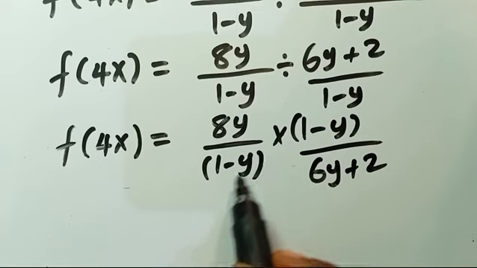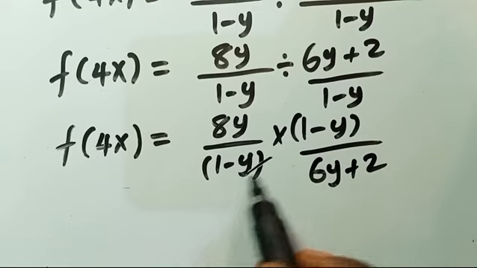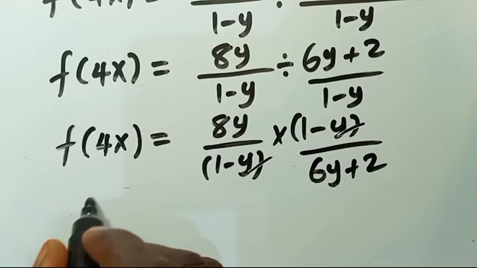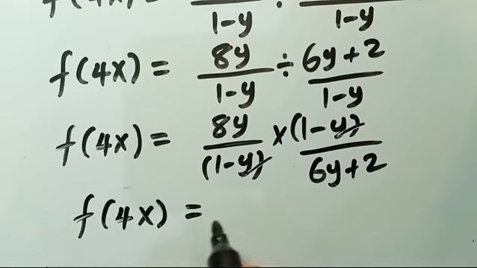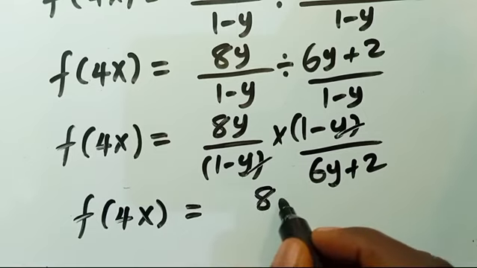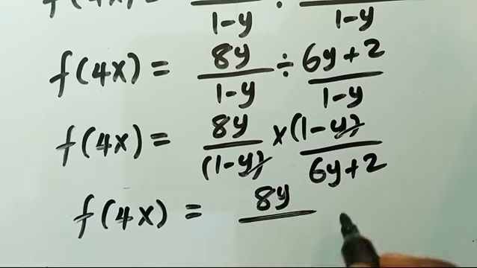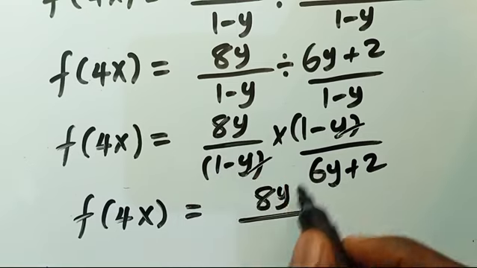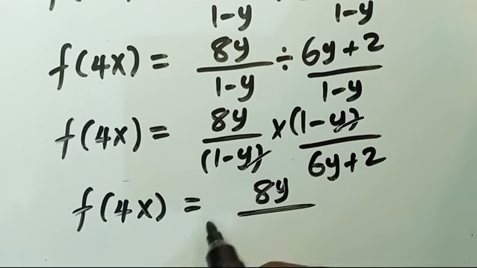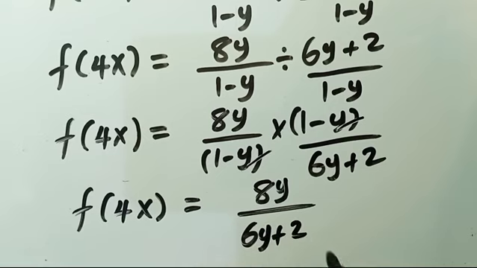So from here, you can see this, we cancel out this. This will cancel out this. And we are going to have f of 4x equals 8y over, because here will be 1, 8y times 1 will be 8y. Then this will be 1 times this will be 6y plus 2.